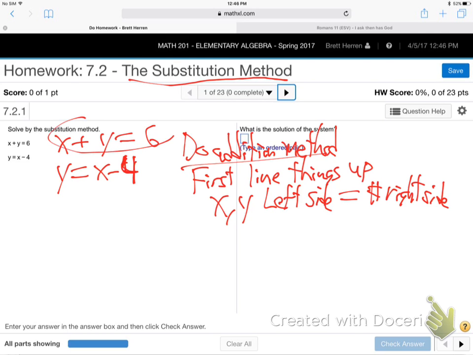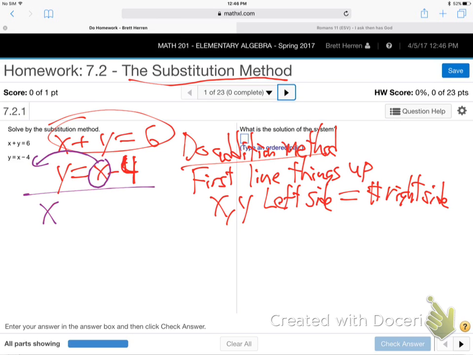So this one's already in good shape. He's like, I'm good. I got my x's and my y's on the left side, my numbers on the right. He's good, but the second one's out of order. So what am I going to do on that second one? Grab that x, and the cow jumps over the moon, right? When it jumps over the equal sign, what happens? The sign changes.